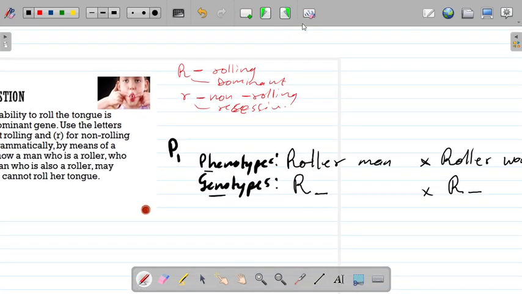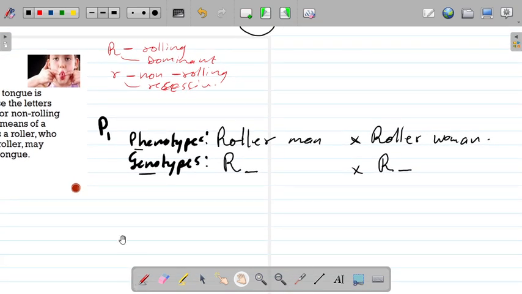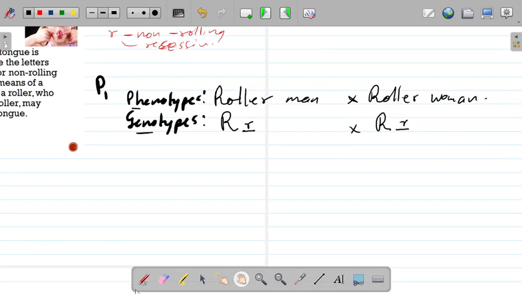Somebody who cannot roll must be homozygous recessive. So they must get this recessive allele from both parents. So that means both of these parents have a recessive allele for non-rolling. So that's how you determine the genotypes. And then you follow the same method.